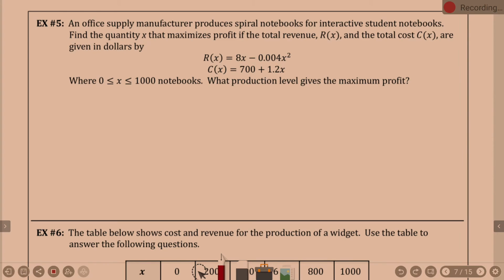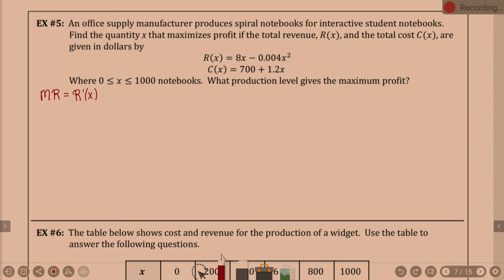Okay, so when we talked max profit on the previous page, we talked about marginal revenue equaling marginal cost, right? So we need to first of all find marginal revenue. Marginal revenue is going to be R prime of x.